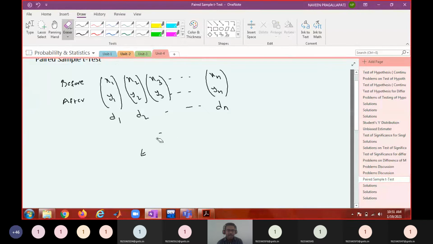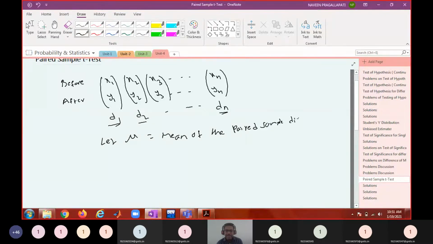So what we are going to test is, when this is the data, let us assume that mu is equal to the mean of the paired sample differences.